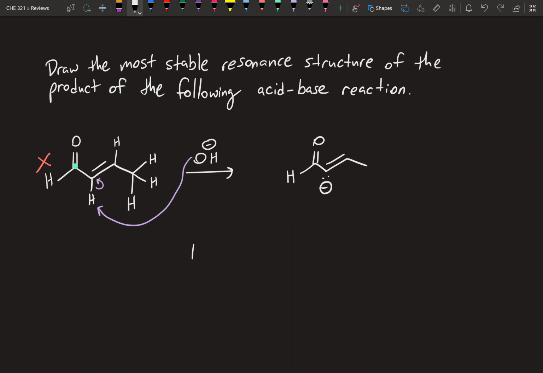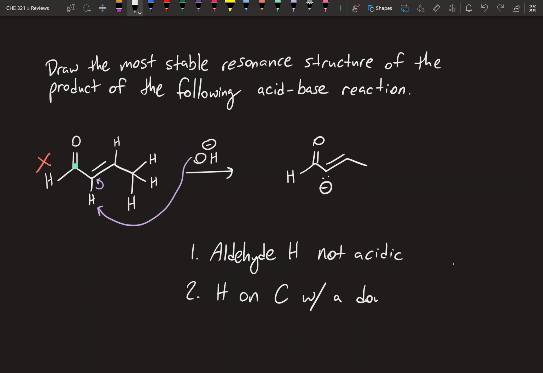And so if we just number this, number 1, aldehyde H, not acidic. Number 2, H on carbon with a double bond, not acidic.